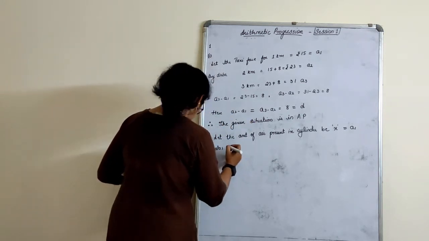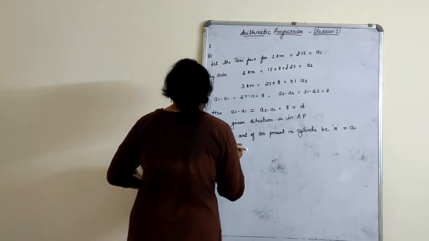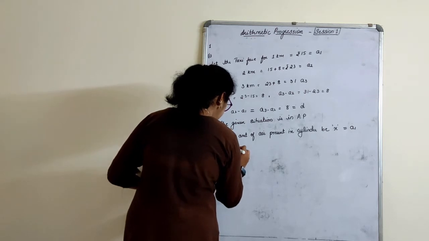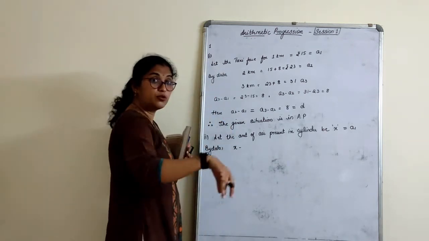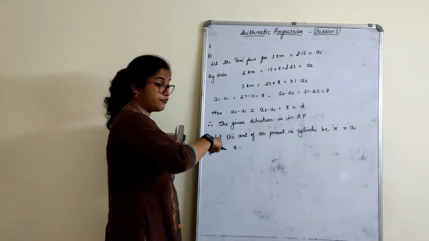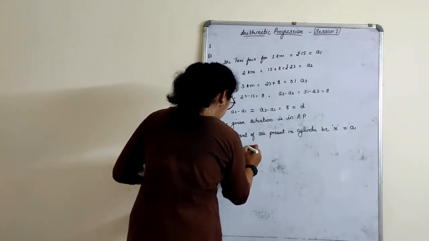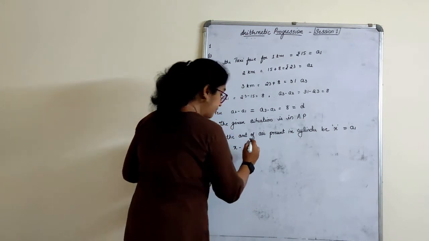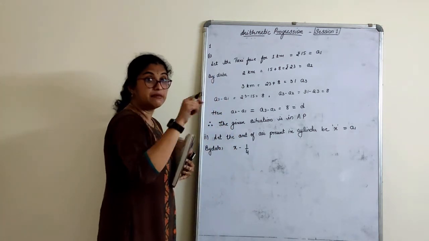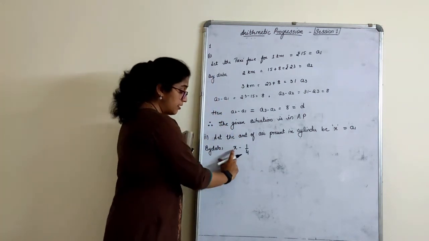So from the given data, that is X minus, I have to remove the 1/4 of air from this. X minus, how do I subtract this? 1/4 of the remaining air in the cylinder.